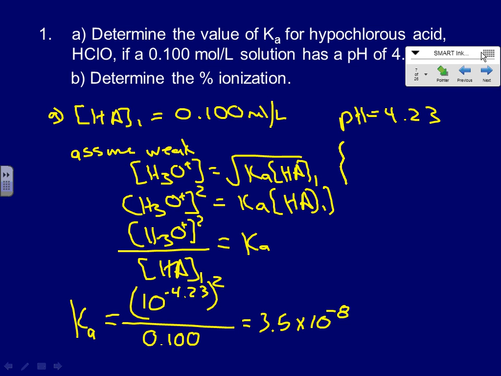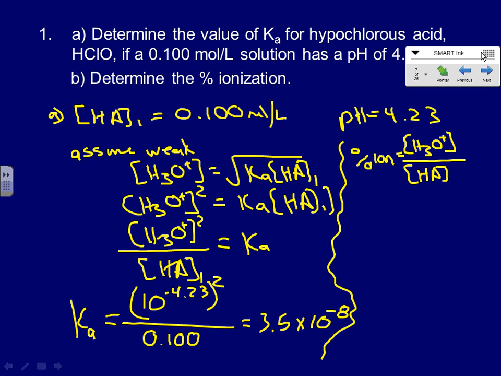Determine the percent ionization. Again, a calculation that I didn't used to do, but this textbook likes to do this. Last year, I introduced you to a percentage ionization calculation. It's really just a percentage, right? It essentially is how much H3O plus per HA initial times 100.